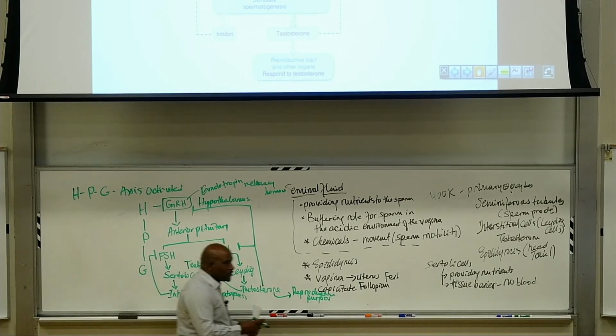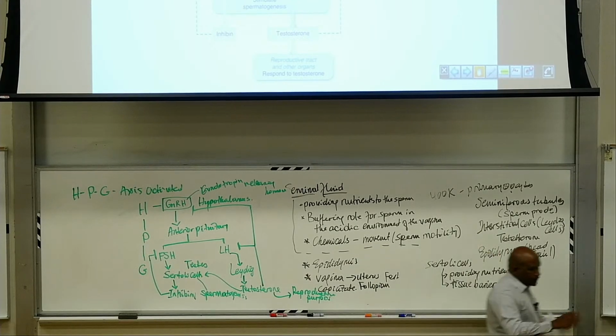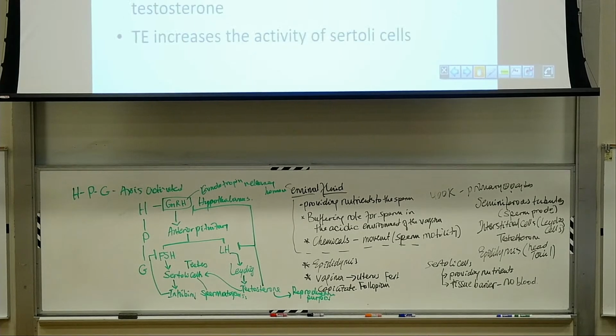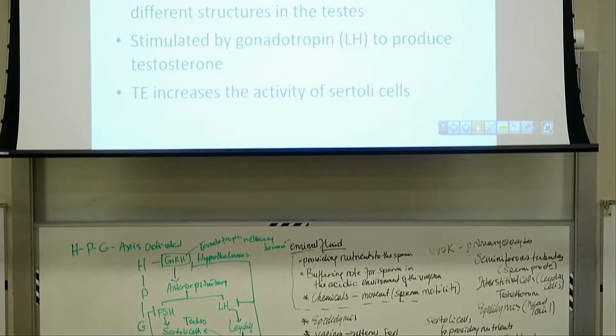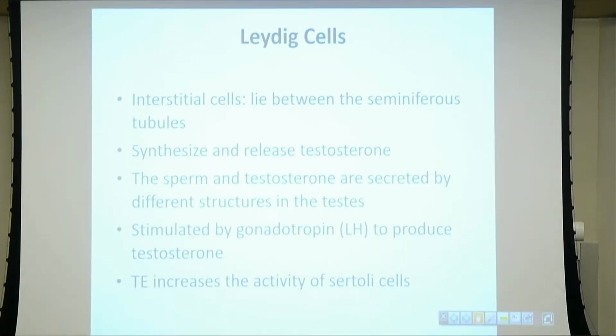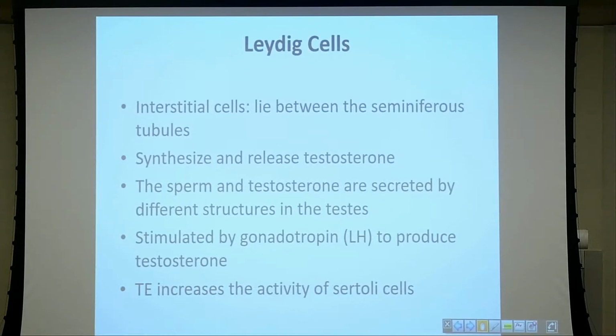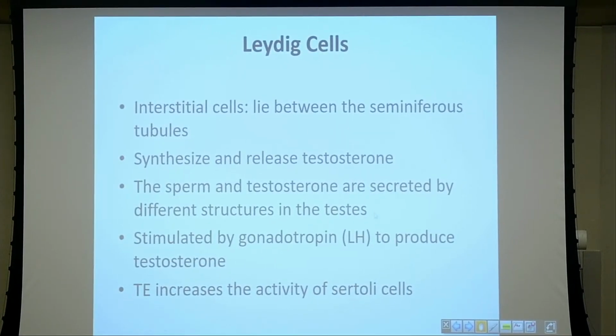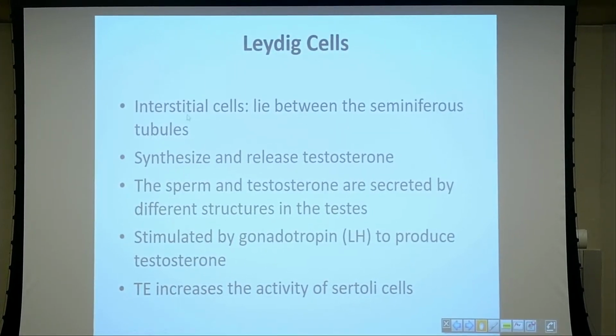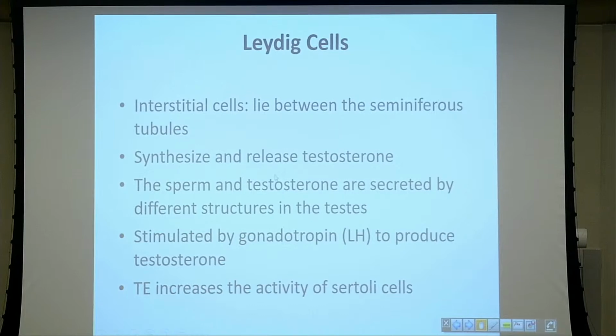Okay? So this is just summarizing what the hormonal control of the testicular function looks like. As I said before, the two supporting cells which are important in the testis, one of them is the Leydig cells, which lie between the seminiferous tubules. They are synthesizing and releasing testosterone, as I showed you here.